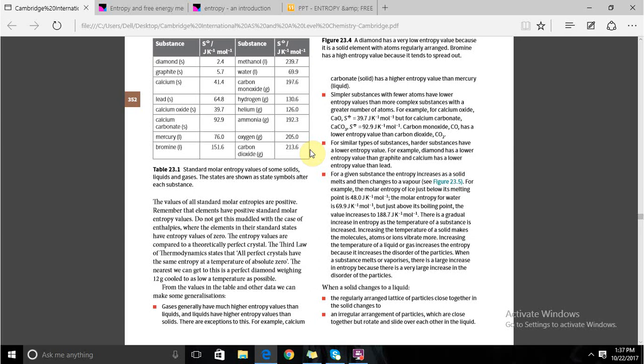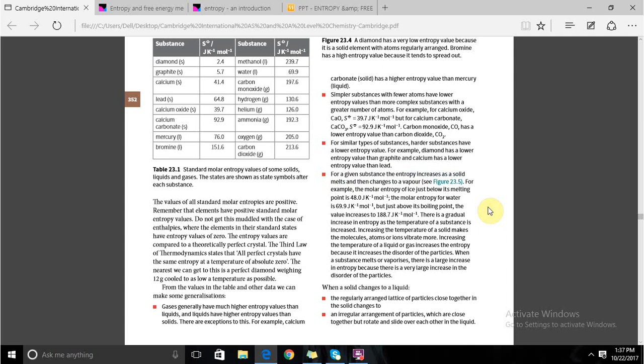Now let's read about this. For a given substance, the entropy increases as the solid melts and then changes to a vapor. This is a general rule. From solid to liquid to gas, there will be an entropy increase.